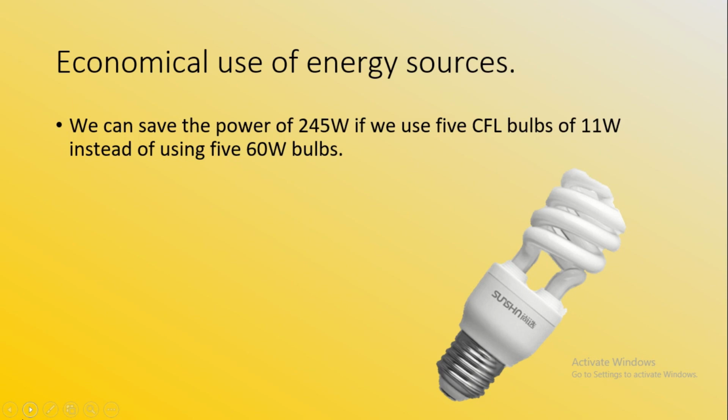This is for your attention. Economical use of energy sources. We can save the power of 245 watts if we use 5 CFL bulbs of 11 watts instead of using 5 60-watt bulbs.